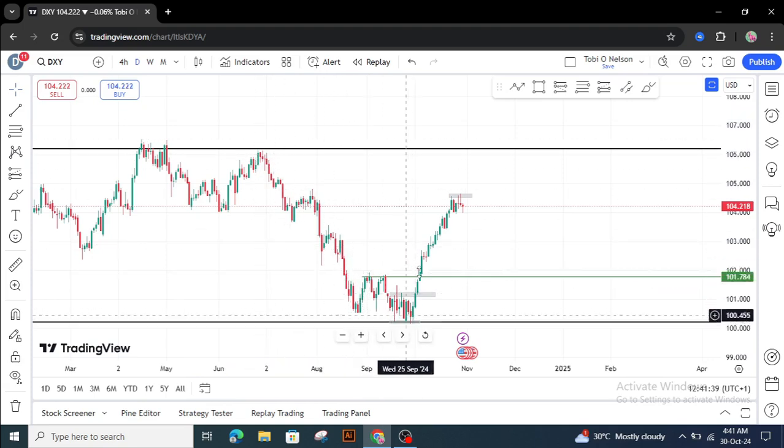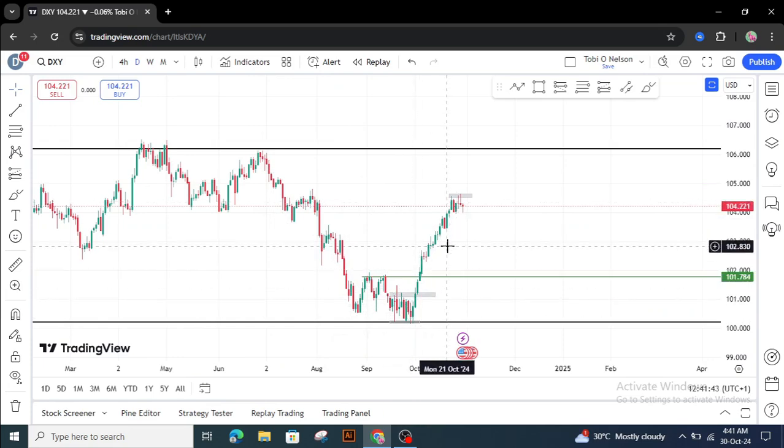But whenever the dollar index is moving up like this, it means that the dollar is stronger than these major currencies.